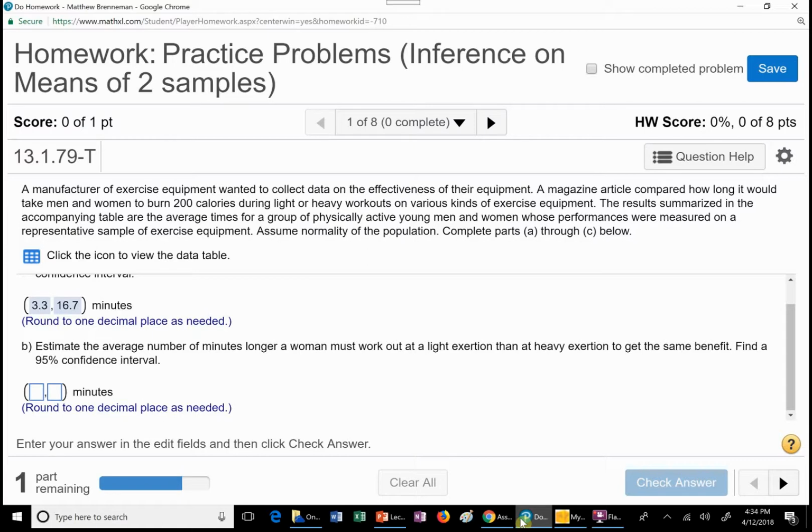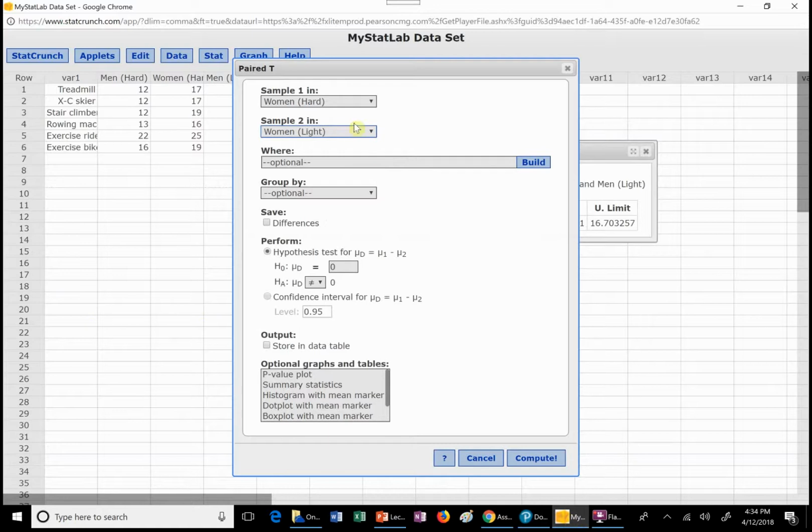And again, you have to be careful with the language. They want to say how much longer it is going to take. So what should come first, the light or the hard? The light. It's going to take them longer to do the light, under light strenuous exercise.